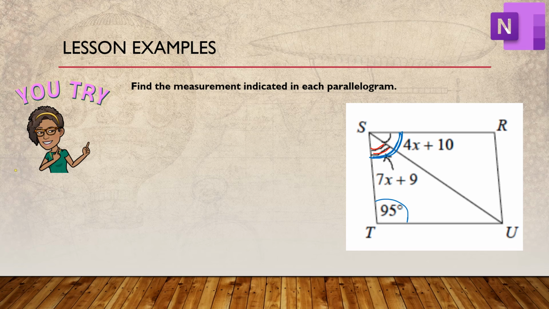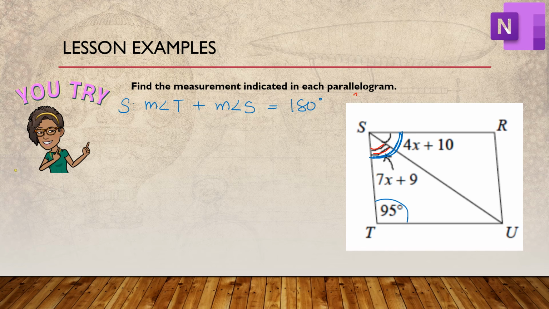I already know as a setup that the measure of angle T and the measure of angle S are consecutive. They're right after each other, one after another. So because they're consecutive angles, I know that the sum of those angles has to be 180 degrees. Well, why?